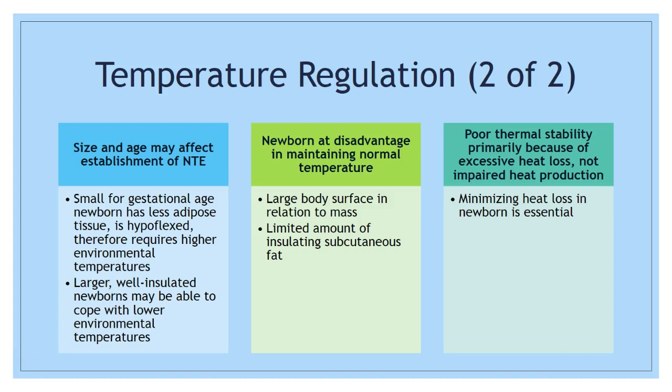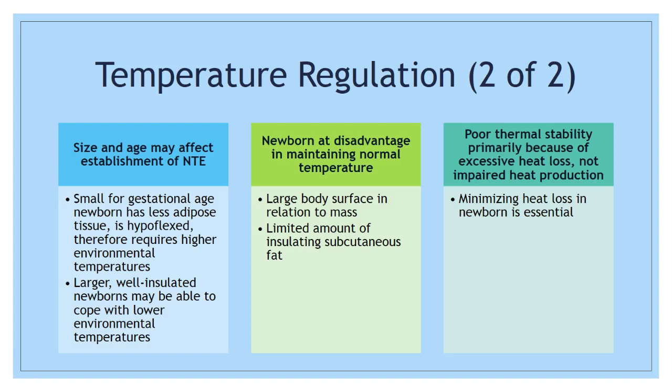Newborns are also at a disadvantage in maintaining normal temperature because of what we talked about on the last slide. They have a large body surface area in relationship to mass. So they're big people compared to their weight. And they have a really limited amount of subcutaneous fat.